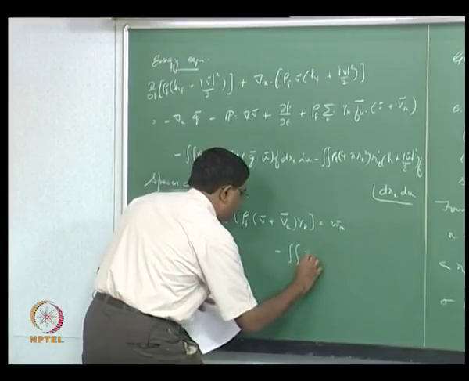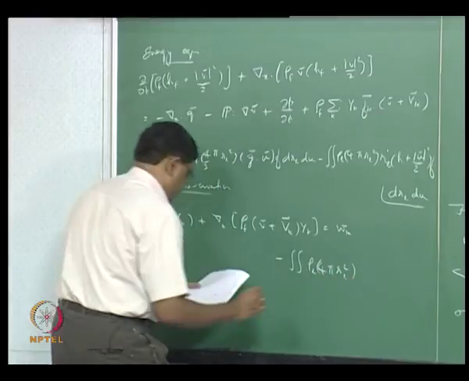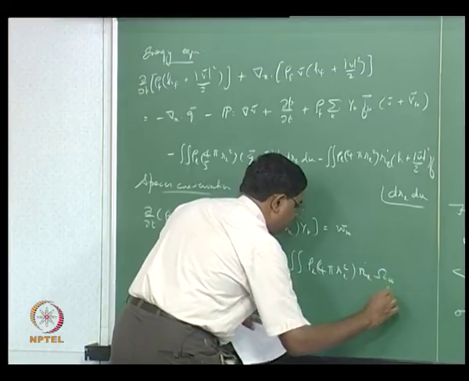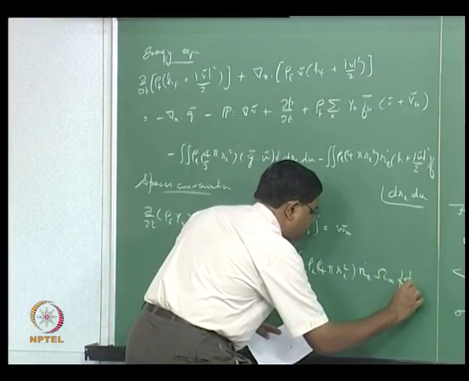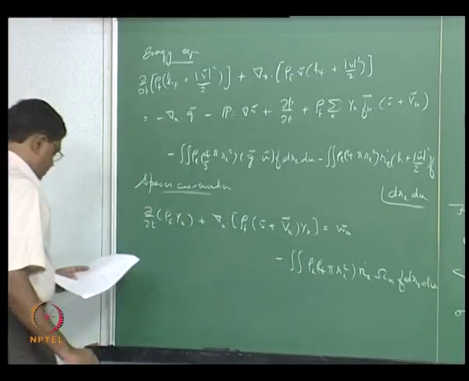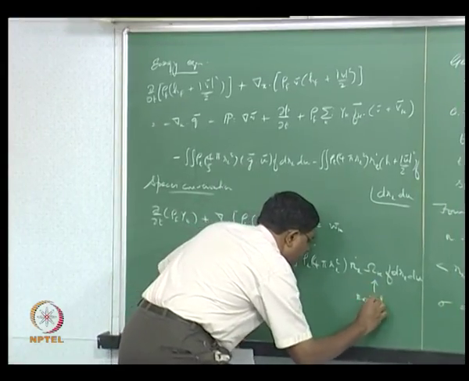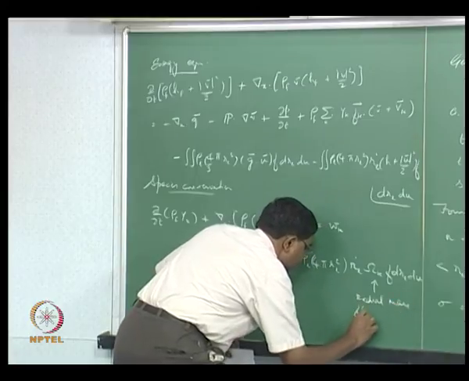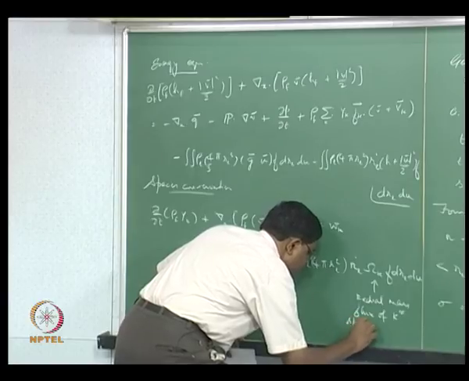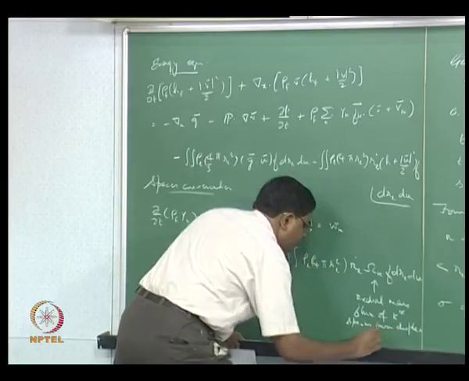So rho L 4 pi r squared RL squared RL dot omega k f drl du, where omega k is actually the radial mass flux of kth species from droplet surface.